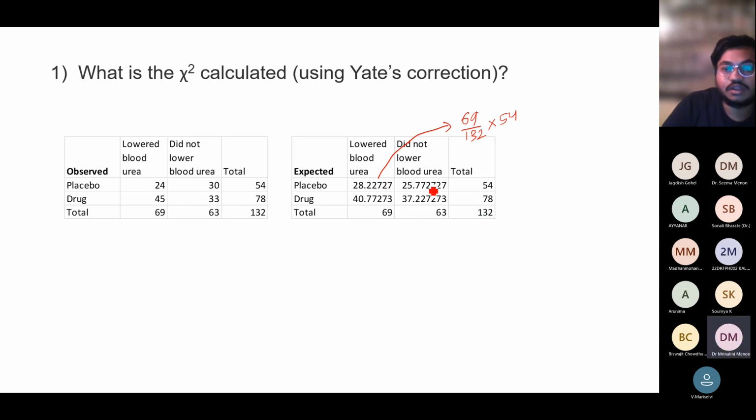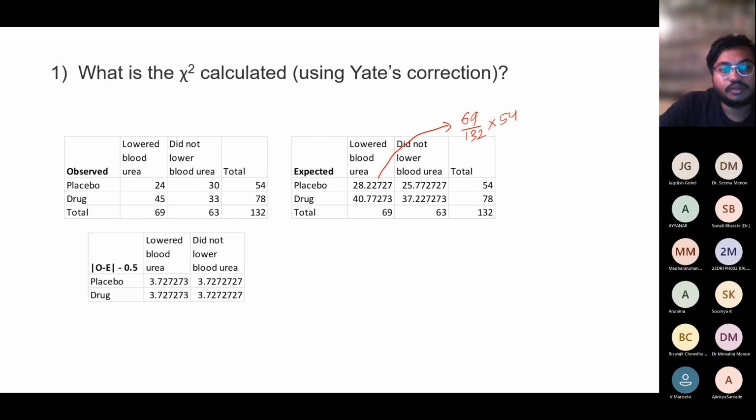We are taking a fraction and multiplying it by the total on the row. Similarly, here we'll do 63 by 132 into 54. Here it will be 69 by 132 into 78 and 63 by 132 into 78. That's how we'll get this expected table. These total values are from the observed total values and the expected values we just calculated.